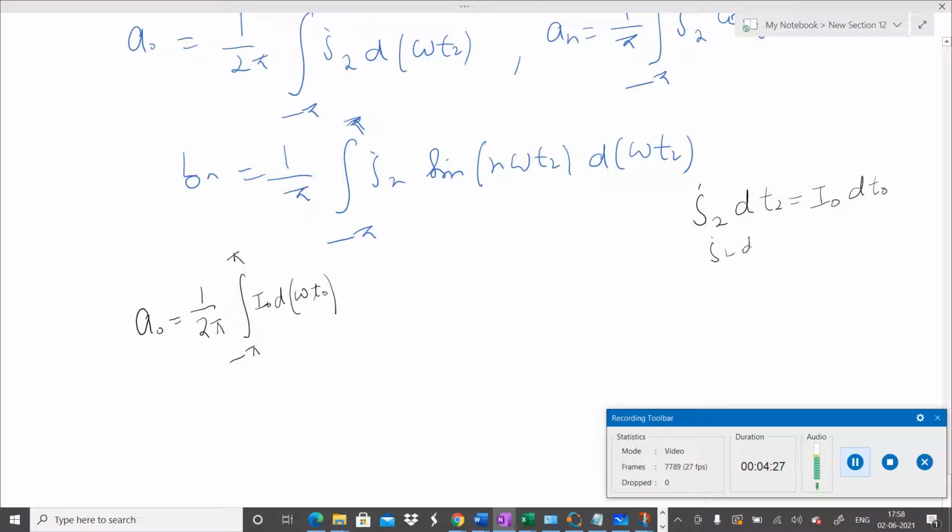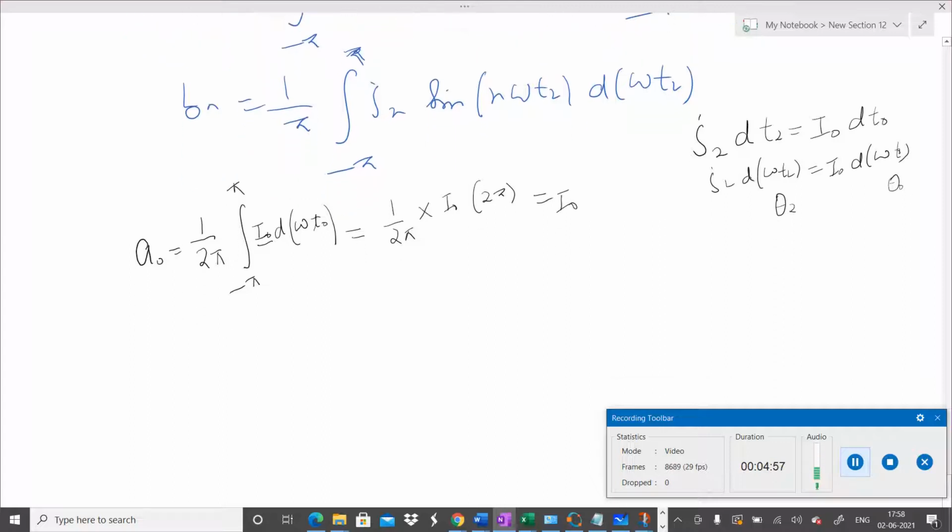So equivalently, I2 d of omega t2 is equal to I0 d of omega t0. You might be confused, what is this omega? Actually, it is theta. You can call it theta 2, you can call it theta naught, because we write the Fourier series in this way, it is an angle. Now I0 is constant, and so it will become 1 over 2 pi into I0 times 2 pi. So I0. So A0 is simple.